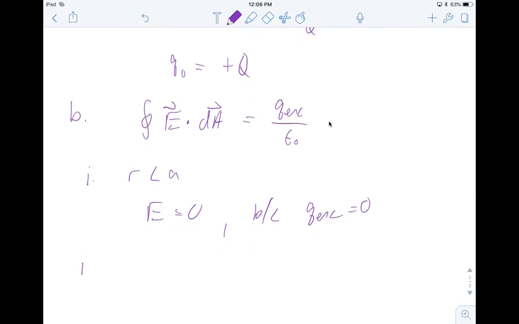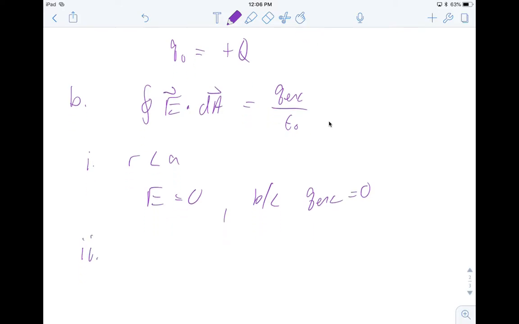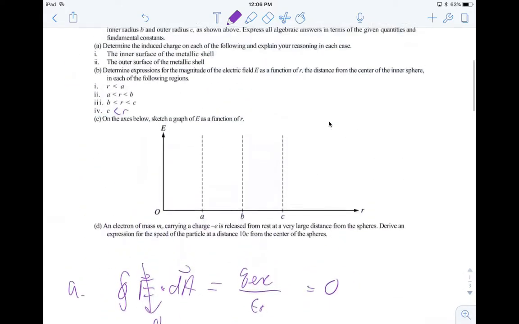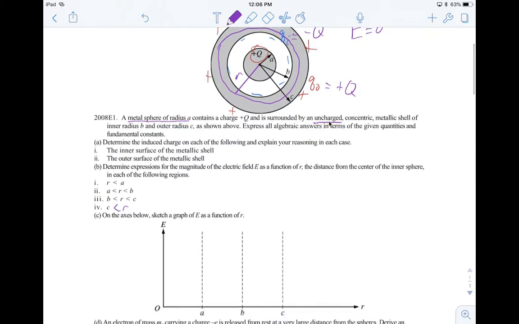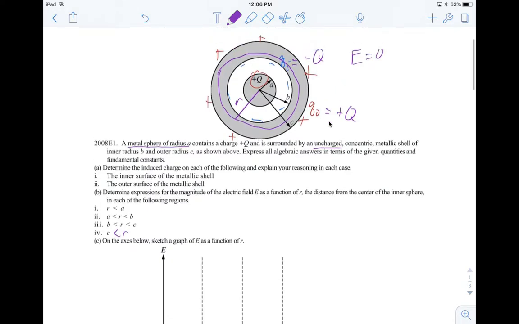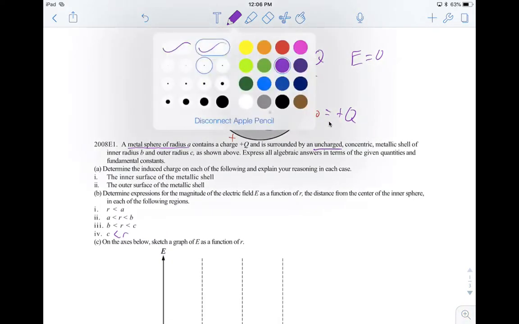All right, so part 2, this is when R is in between A and B. You can apply Gauss's law and figure that out. It should look just like a point charge, though. So if I apply Gauss's law, I pick a surface.